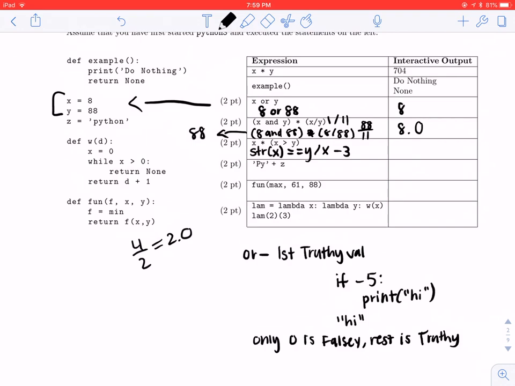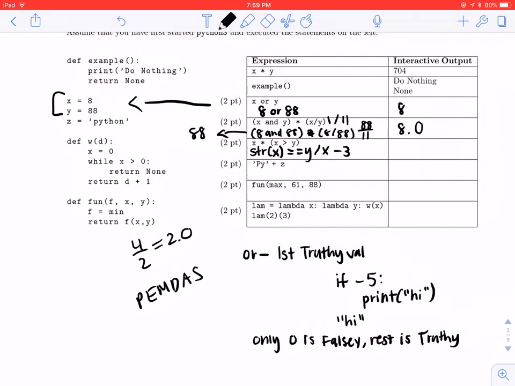We have str(x) == y / x - 3. Remember your PEMDAS here. First things first, we have to decide which one to evaluate first.